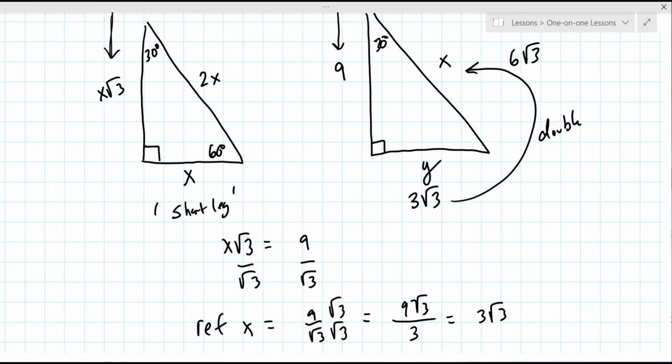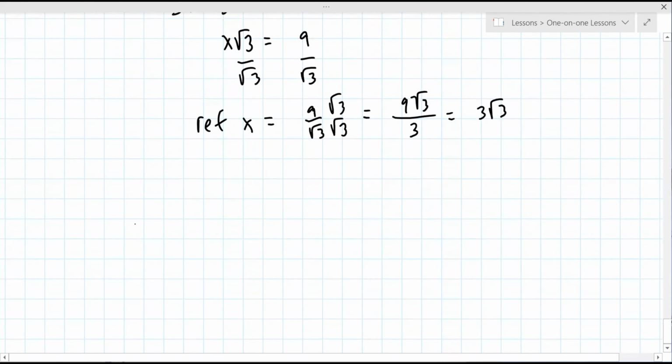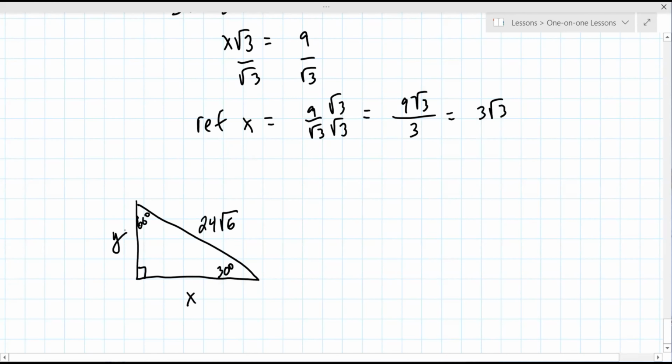Okay, so let's do another one here. Again, these can come in different orientations, so you have to be really comfortable. That's 30, and that means this is 60, and we'll call this a 24 square root 6. I want you to find x and y. So that's double.